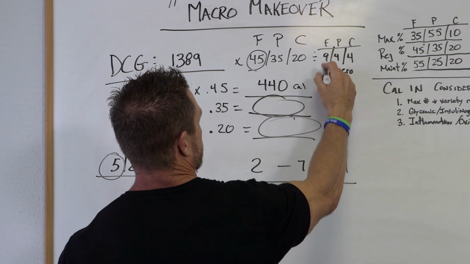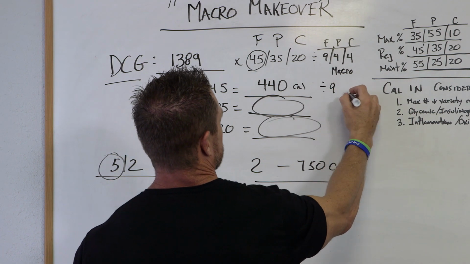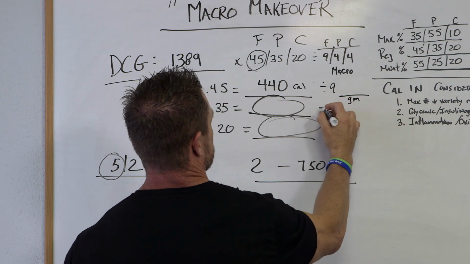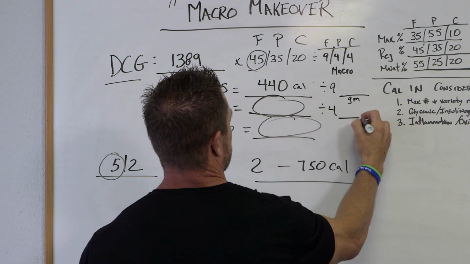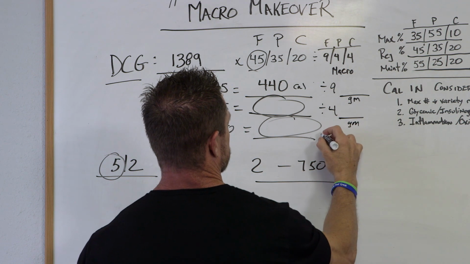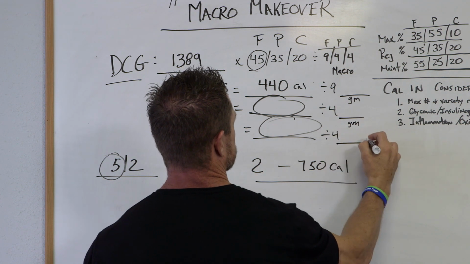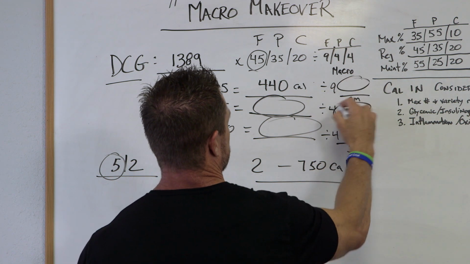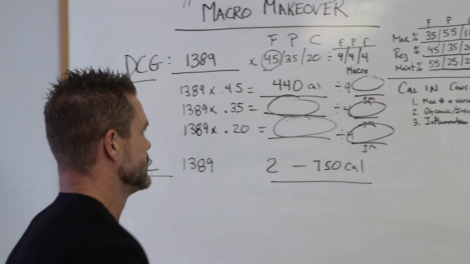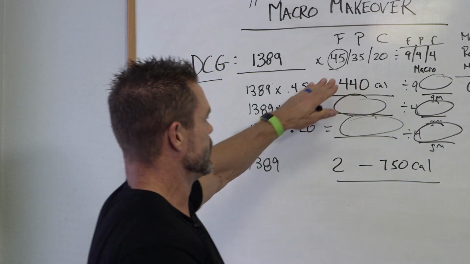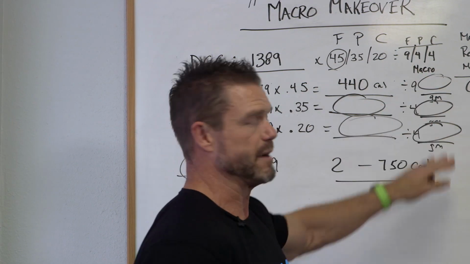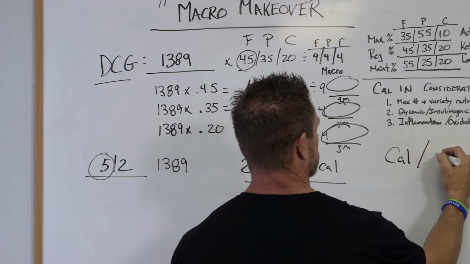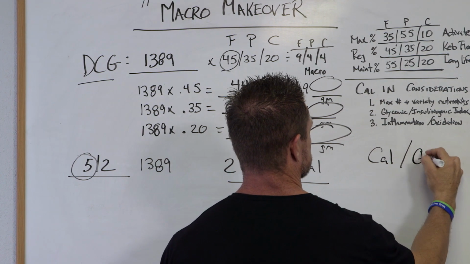You divide that number by 9, and that would give you your fat grams per day. And then the other 2 you divide by 4 and get your grams of protein and your grams of carbs. And then you need to know those numbers. So basically you have your calories of each and your grams of each. So calories and gram information.